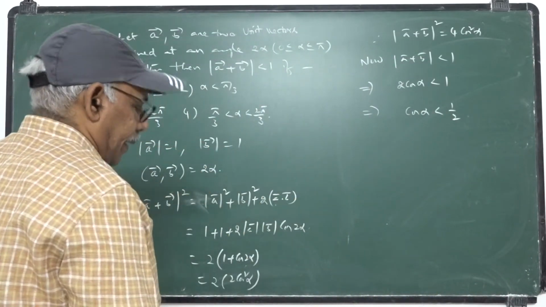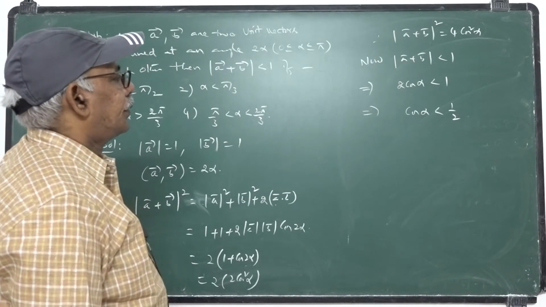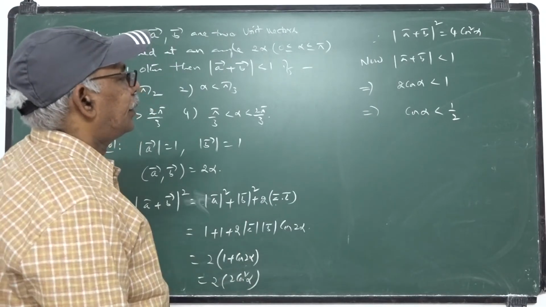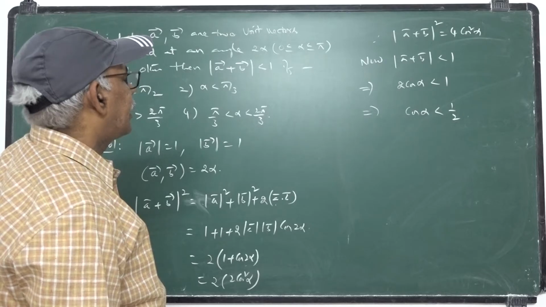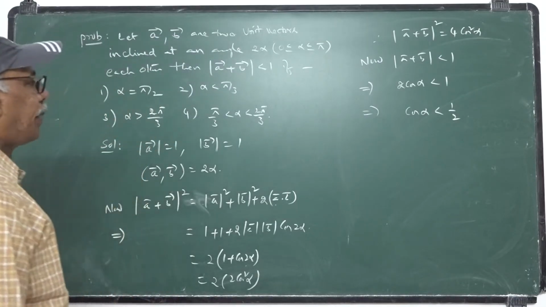Cos alpha is less than half. Since cosine is decreasing, alpha must be greater than pi by 3.